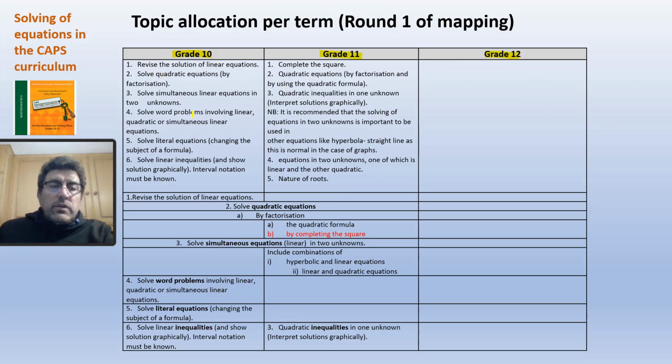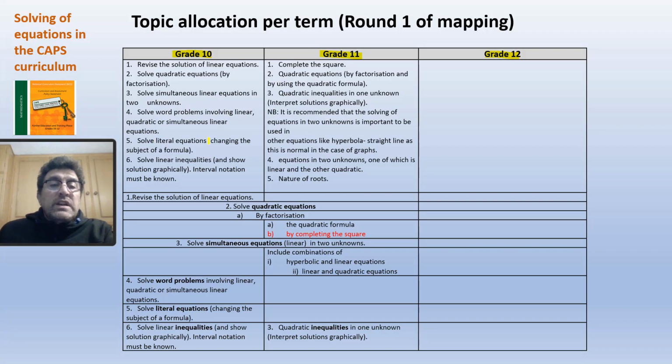If you look in the curriculum, you'll see it says revise the solution of equations, solve quadratic equations by factorization, solve simultaneous linear equations in 2 unknowns, solve word problems with linear, quadratic and simultaneous linear equations. So word problems, the key issue there.